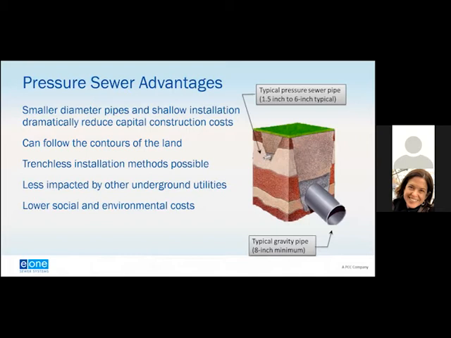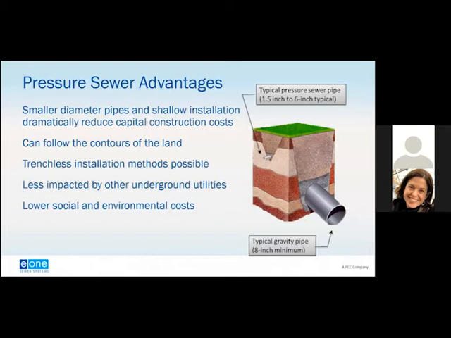The other thing with pressure sewer systems is they are less impacted by underground utilities. Typically, if there are utilities in the utility corridor, the gravity sewer system is going to be the lowest. With the pressure sewer system, keeping in mind whatever code dictates on separation between water, sewer, and other utilities, you have the flexibility to go around conflicts with other underground utilities more easily.